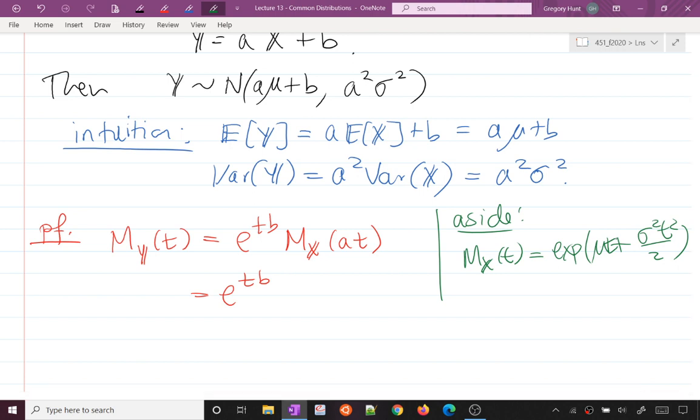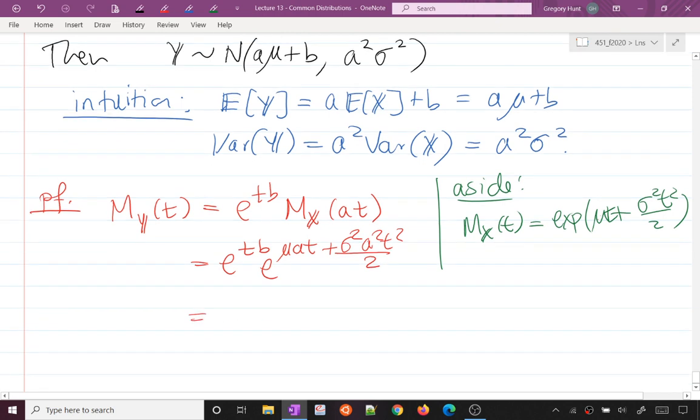Right? That was our MGF. And so if I plug in at instead of t, we get e to the mu at plus sigma squared a squared t squared over 2.